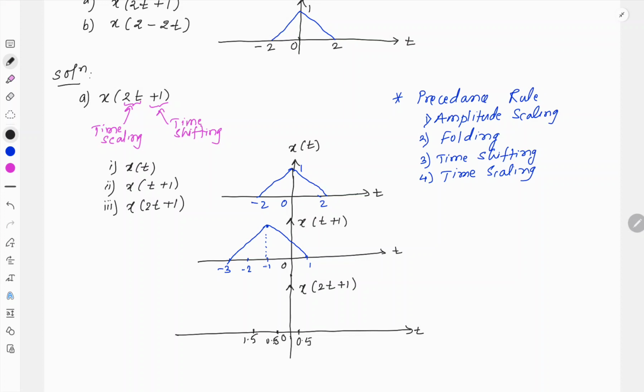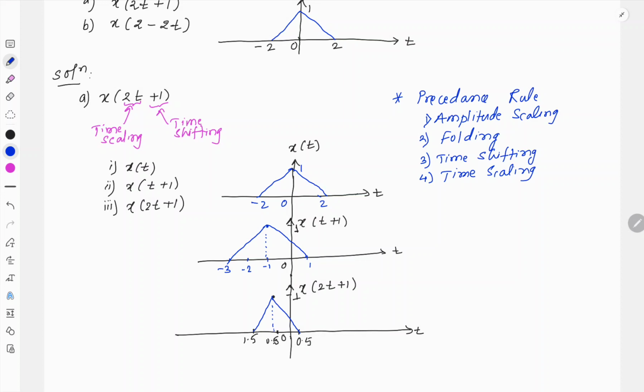So -1 is at -0.5 with amplitude 1. Here also we have amplitude 1. From this amplitude 1, we are going to draw a triangular signal in this way. You have the maximum amplitude at -0.5 and the signal starts at -1.5, ends at 0.5.